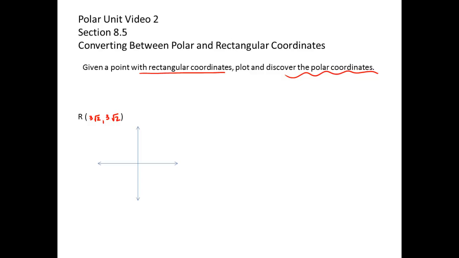That's our goal. So if I want to find r, we had the formula from previously, that r equals the square root of x squared plus y squared. Let's substitute the values in. r equals the square root of (3 radical 2) squared plus (3 radical 2) squared. When I go ahead and square those, make sure you're squaring everything correctly. If I square the quantity here, I'm going to square the outside and then remove the radical from the 2.